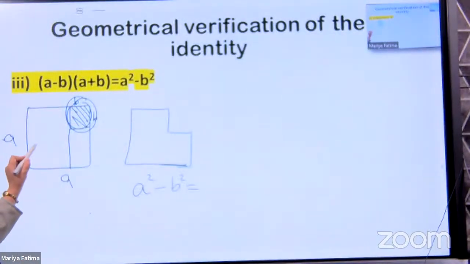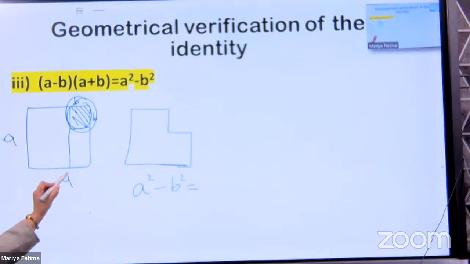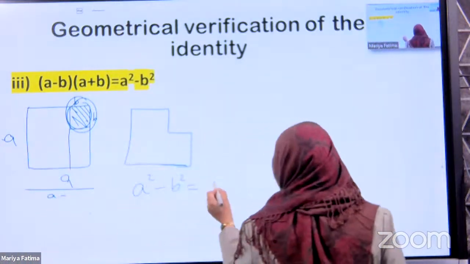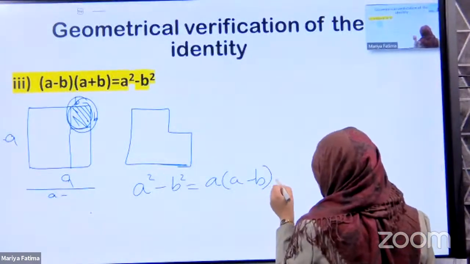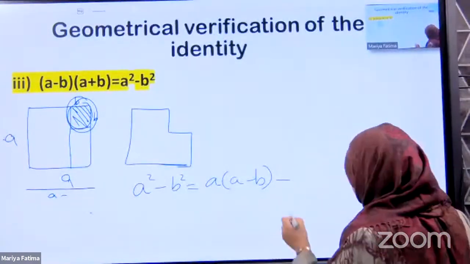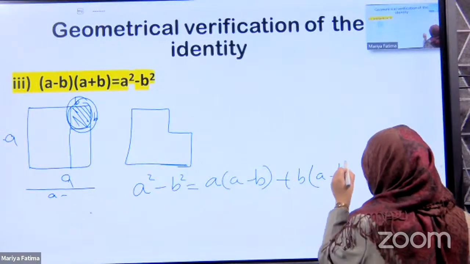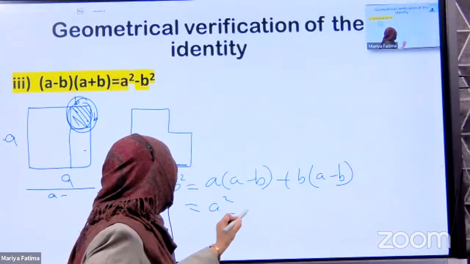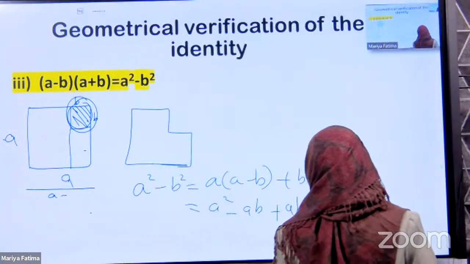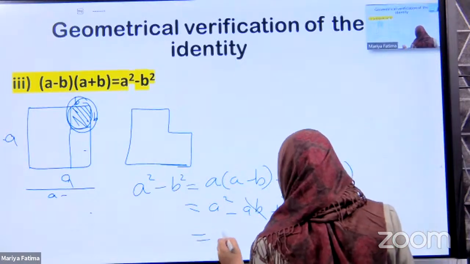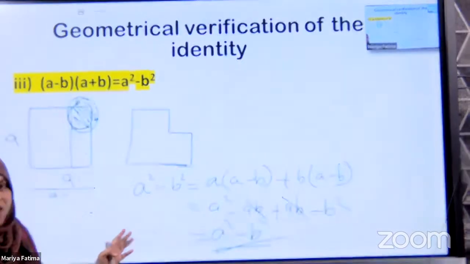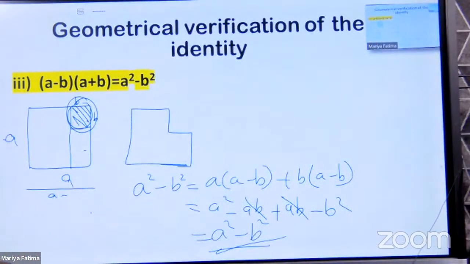This area is A into A minus B, plus B into A minus B. We have to add these two parts. So it will become A square minus AB plus AB minus B square. AB gets cancelled. A square minus B square is the answer. So this is the geometrical verification of this.